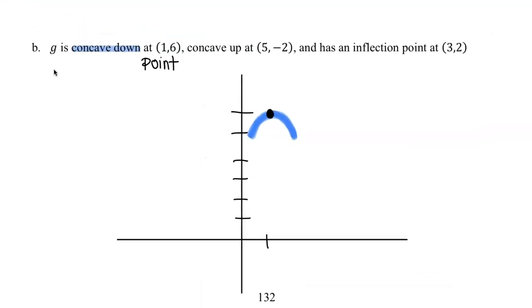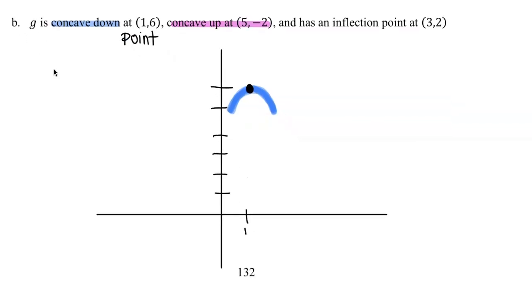It says concave up at (5,-2). So let's go plot (5,-2). So this is 1, 2, 3, 4, 5, and -2. So I have to go down 2, -1, -2. So here's a point, (5,-2). And this one was (1,6).